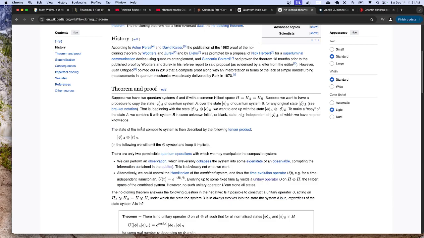Suppose we have two quantum states, A and B, with a common Hilbert space H equals HA equals HB. Suppose we want to have a procedure to copy the state of quantum system A over to the state of quantum system B for any original state.